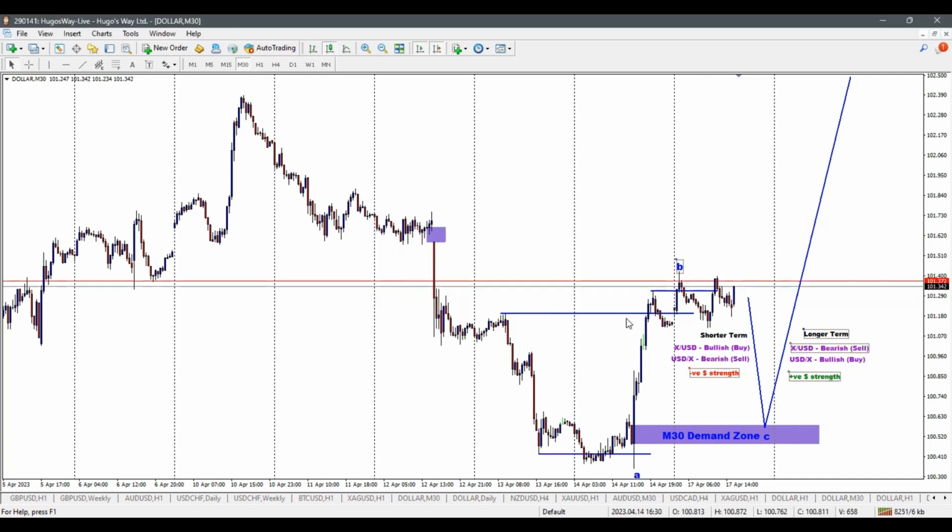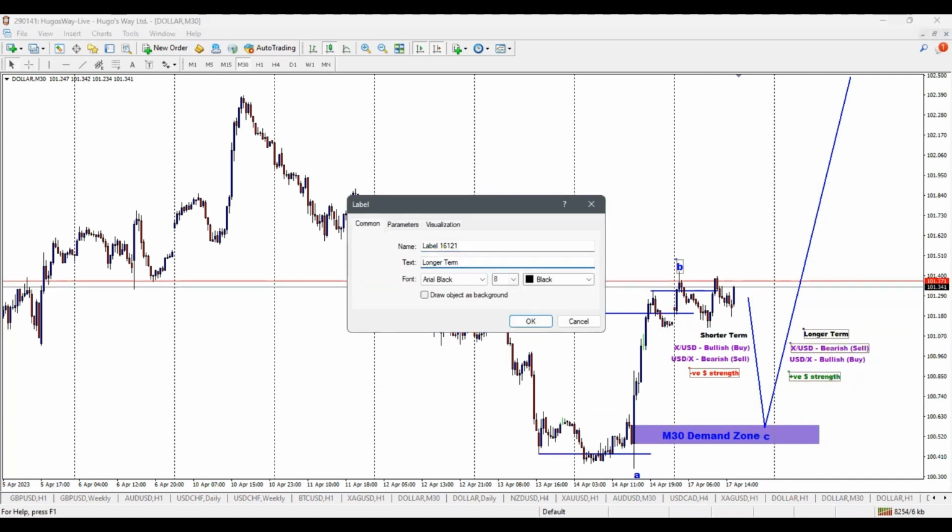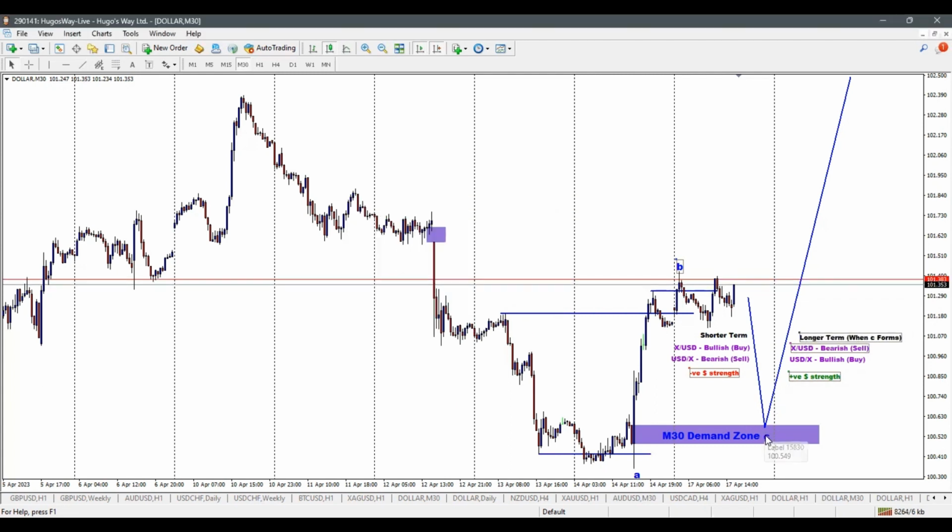Okay. So the moment the price gets here, I'm going to put, okay, when C forms. So when the C forms, which is this point right here, and the price returns to demand, this is when this aspect of the market will trigger. For now, we're in this phase, the shorter term.